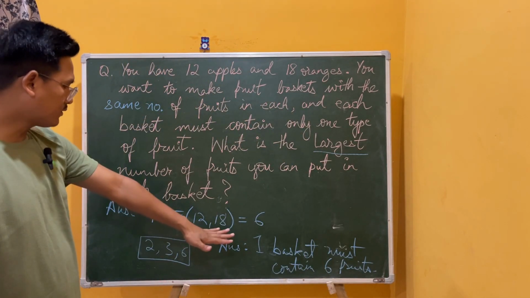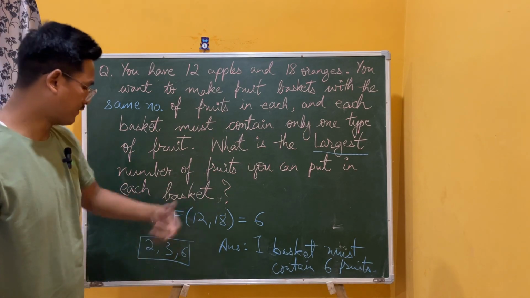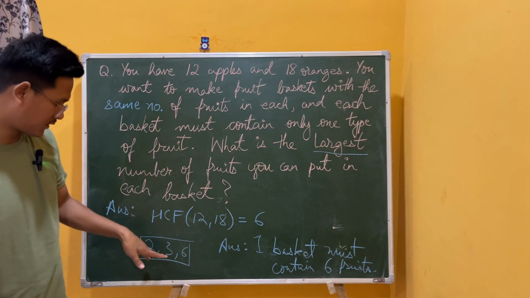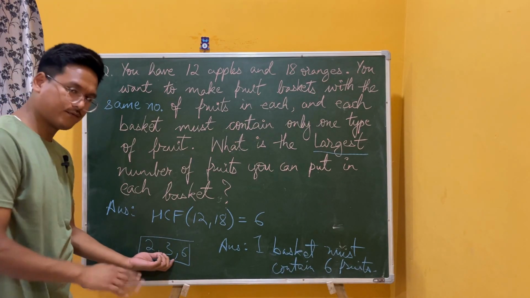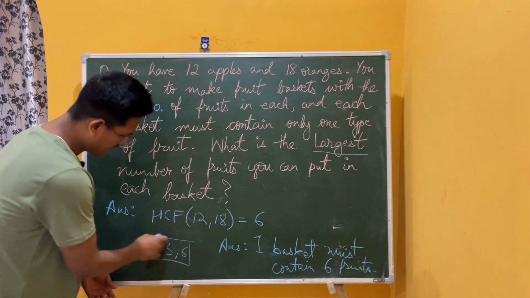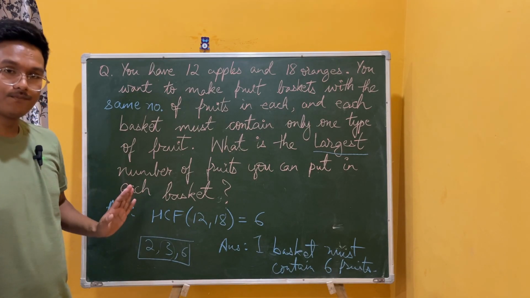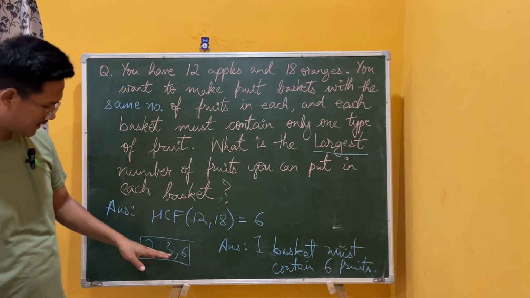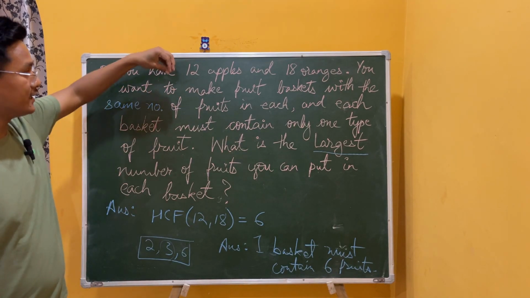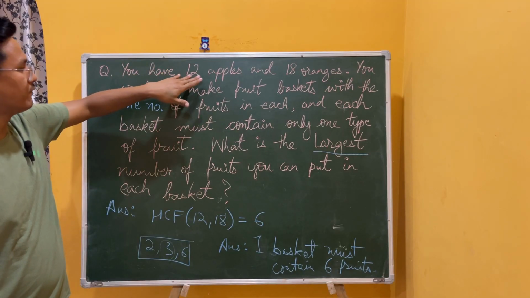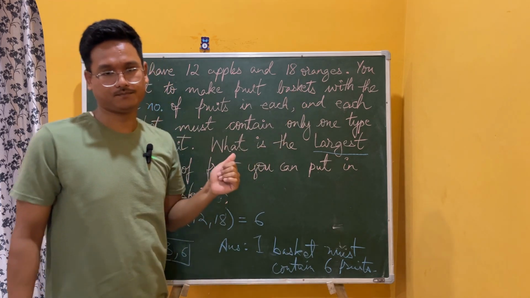So doing so, what happens is you will be putting in the largest number of fruits. If you had chosen 2 or 3, for instance 3, in each basket you are putting only 3 fruits. That is also of one kind. For 12 apples, you will be needing 4 baskets, and for 18, you will be needing 6 baskets.